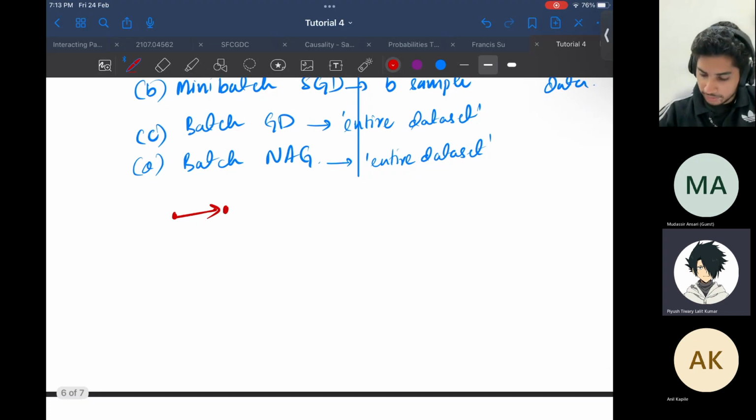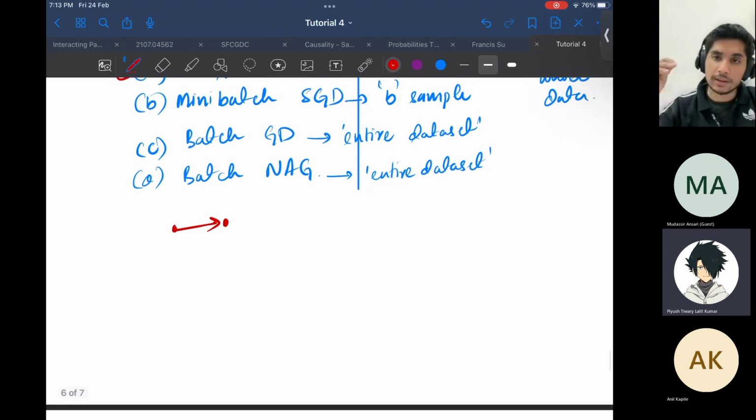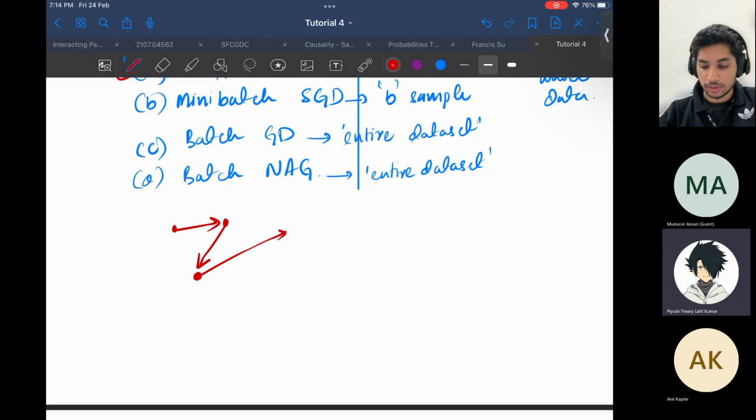This is the point where SGD will tell me to go. Now I say, okay, fine, this sample is done, let me bring the second sample. Now the second sample will tell me to go in this direction, something like this. I will come here. Now the third sample will come and tell me to go in this direction. I will go here, and similarly, I will continue.